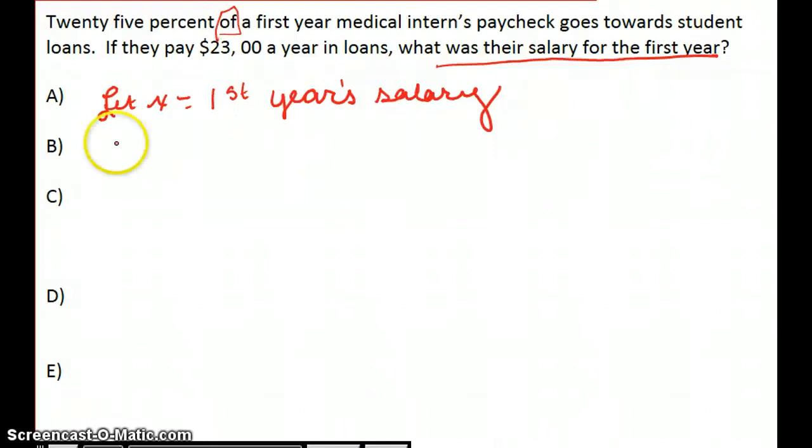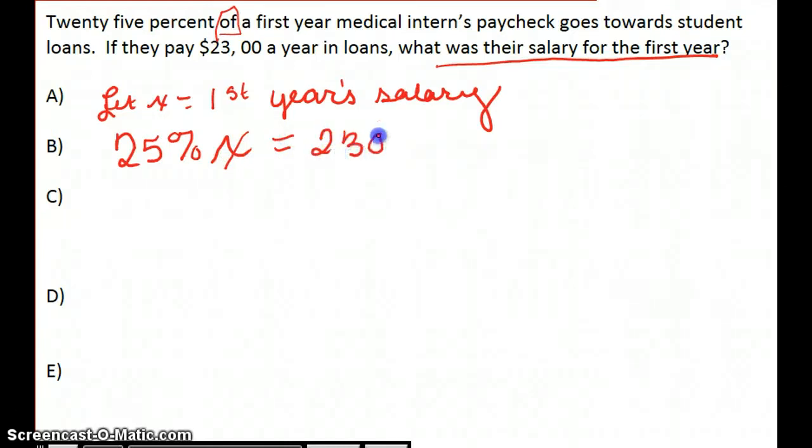So we're going to have 25% of the first year's salary, so times X, is going to give us 23,000. Oh, missing a zero there. Sometimes I feel like my paycheck is too. Anyways, so there's my 23,000.